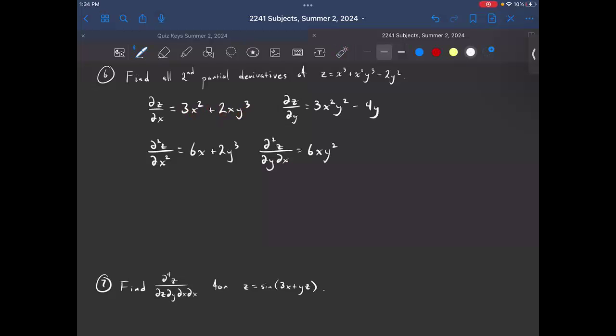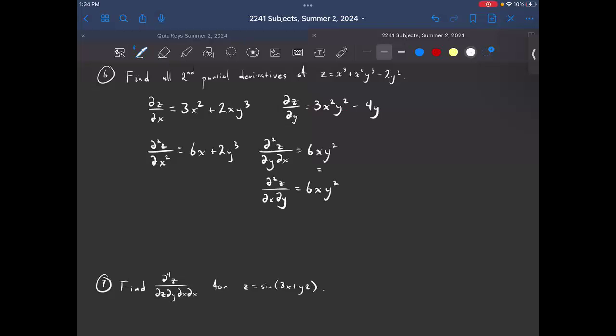All right. Next up, I have the second partial derivative of z with respect to x after y. And that means take the derivative of this function with respect to x. That second term is definitely going to go away, and we're left with 6xy squared.